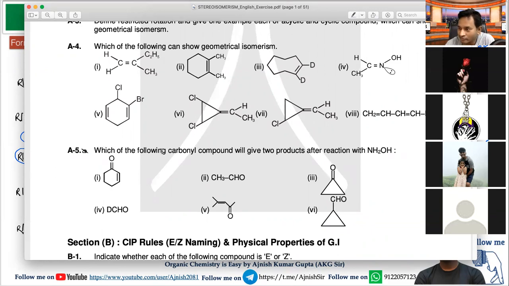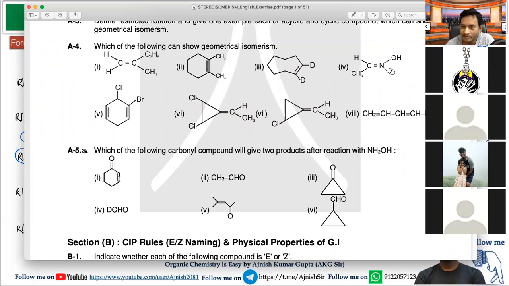The question asks: which of the following carbonyl compounds will give two products after reaction with hydroxylamine? So think, is this ketone symmetrical or unsymmetrical? Here CH2, CH2, here CH. Unsymmetrical.